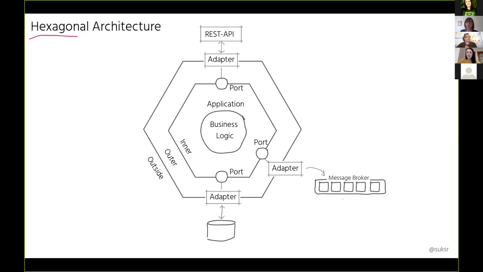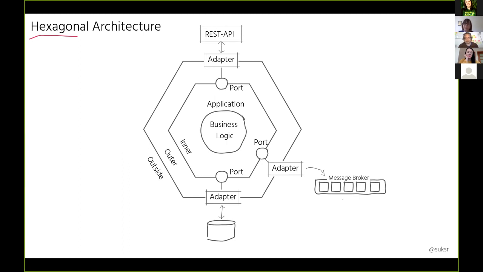The hexagonal architecture is also called ports and adapters, and it's aiming for separation of concerns and creating loosely coupled software components that are easily connected to their software environment by using ports and adapters, and that makes those components easily exchangeable and also facilitates testing.